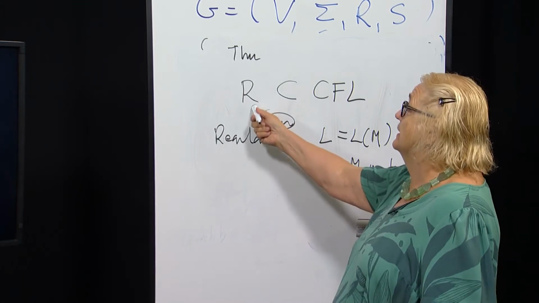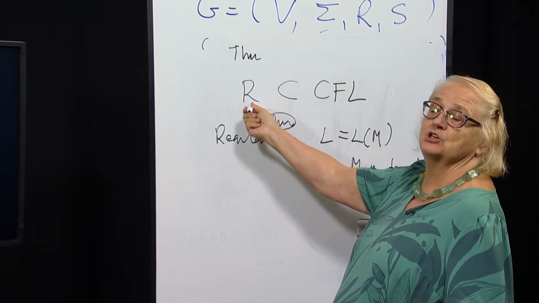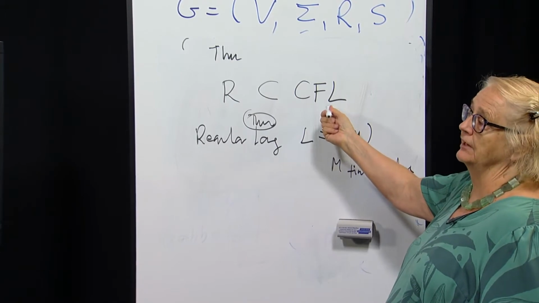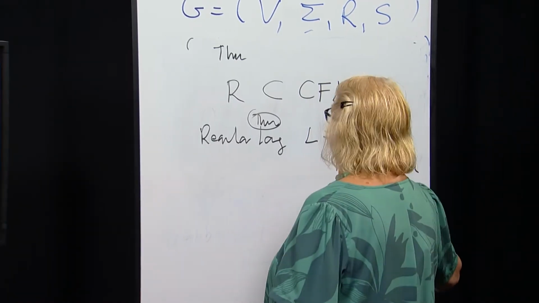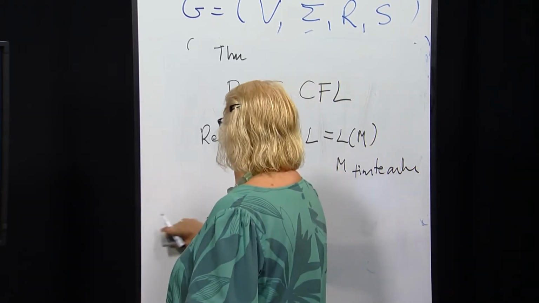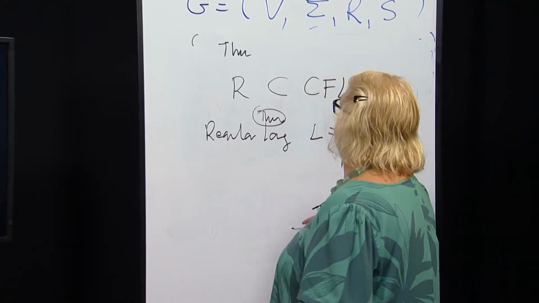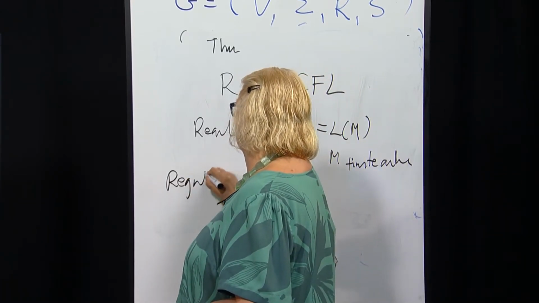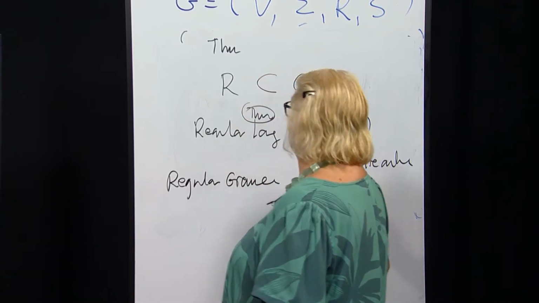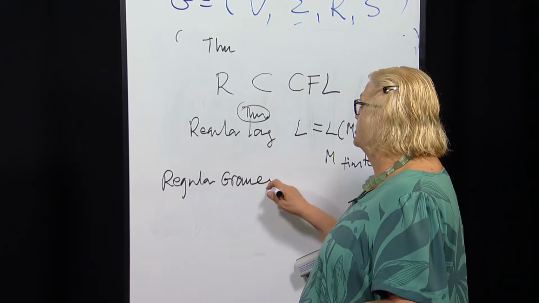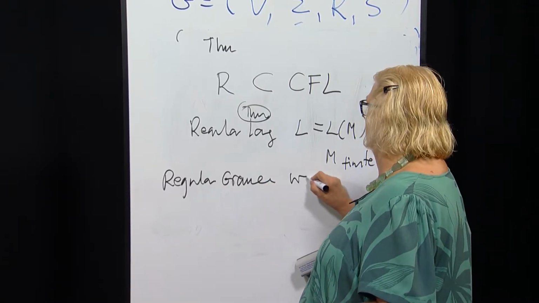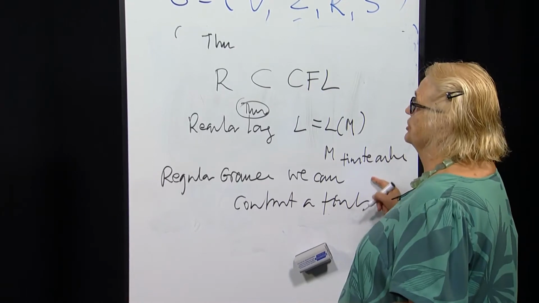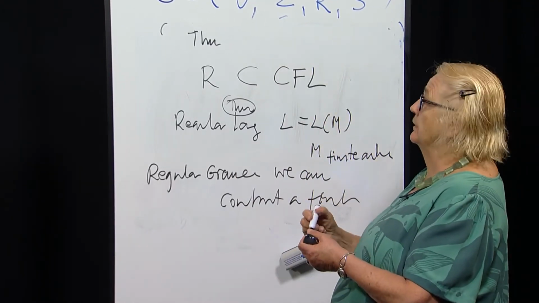So to prove that for regular languages, it means that if you have a language which is accepted by a finite automata, I can construct a grammar, and also vice versa, that if I have a context-free grammar, if I have a regular grammar, we can construct a finite automata which would have the same language as the regular grammar.